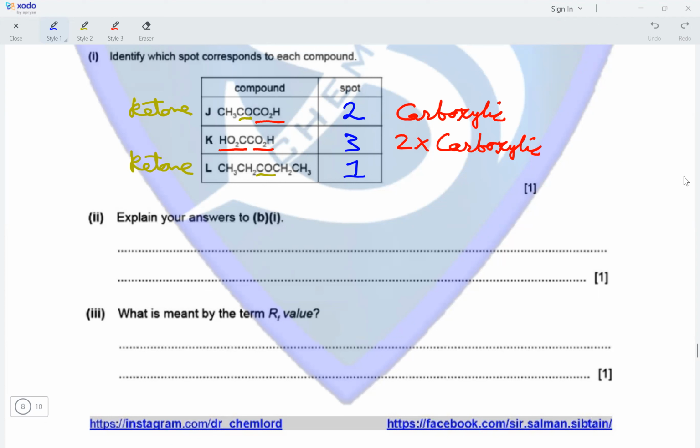Explain your answer to 1. So the one with the more polar groups travels the least distance, and the one with the least polar groups travels the greatest distance.